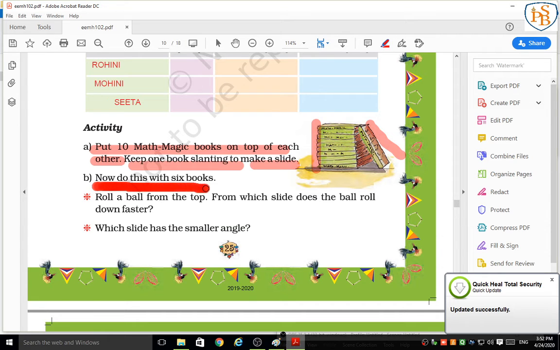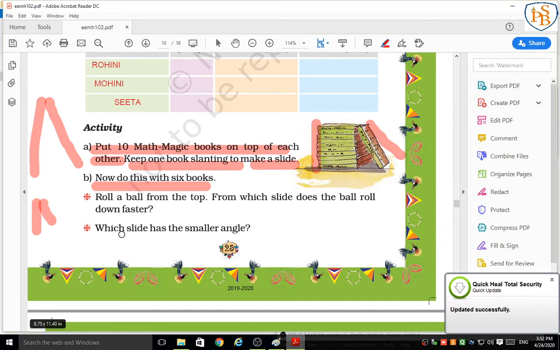Like this, now again you have to do the same activity, but here you have to take 6 books. Supposed to be first you have to take 10 books and one book is slanting over here. Okay, slanting book. And in the second one you have to put 6 books and same, keep one book slanting to make a slide.